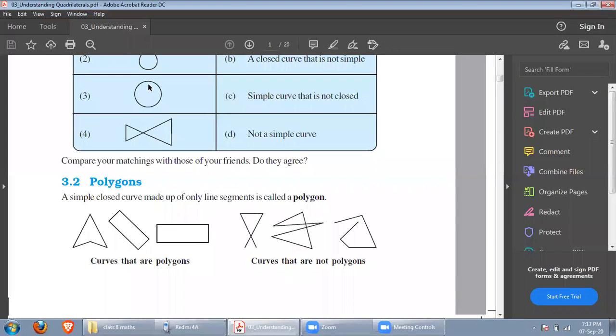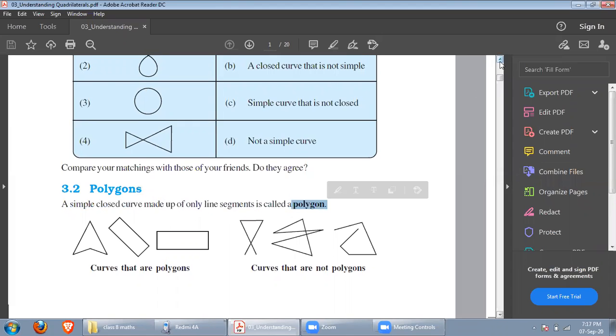Theoretically, many small line segments can make the circle. But by the standard definition, a polygon should be a simple, closed curve made up of only line segments.